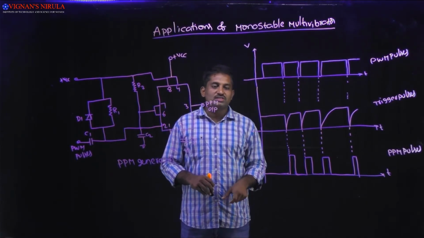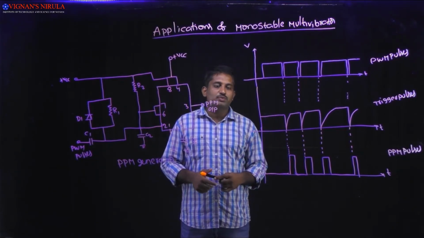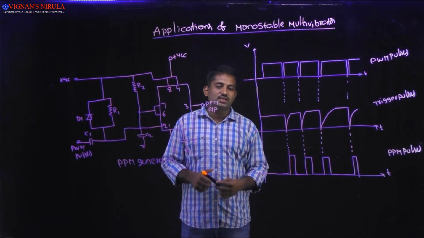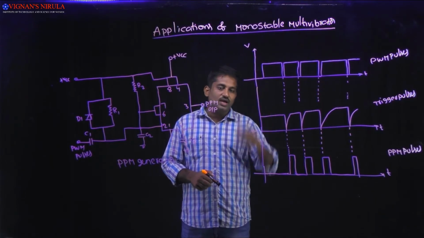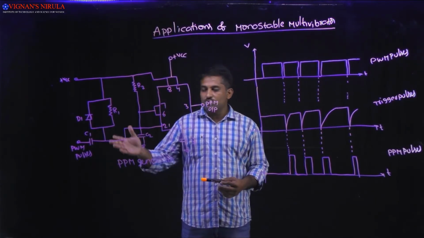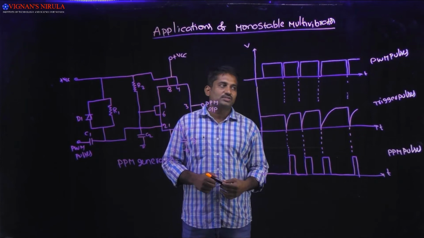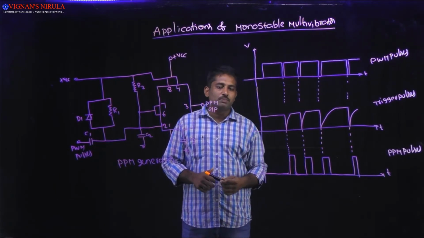Now this trigger is used to generate the pulse position modulated signal according to the instantaneous modulating signal, which is nothing but the PWM pulses.